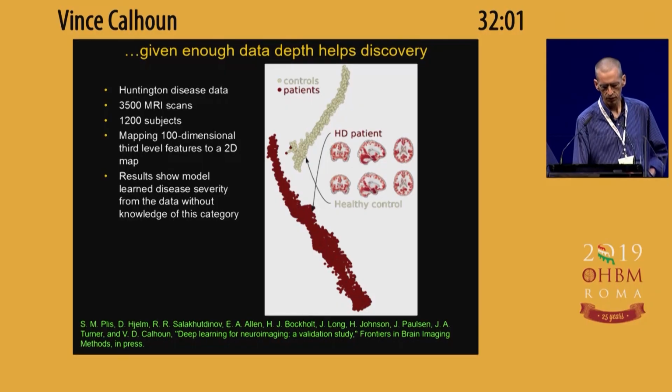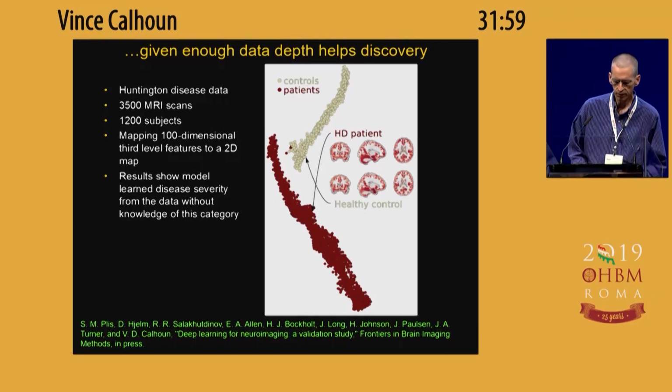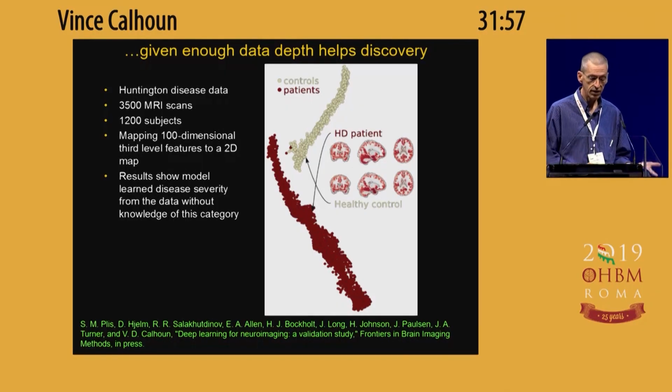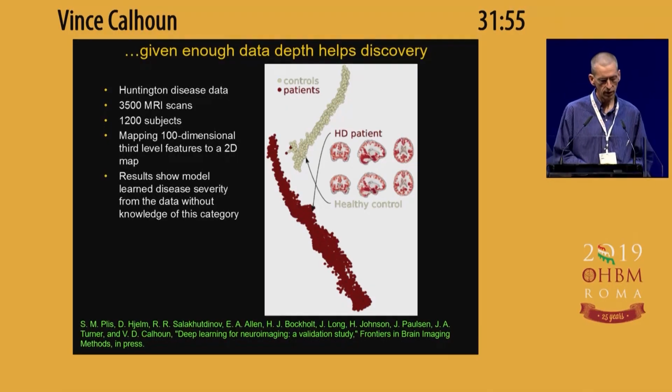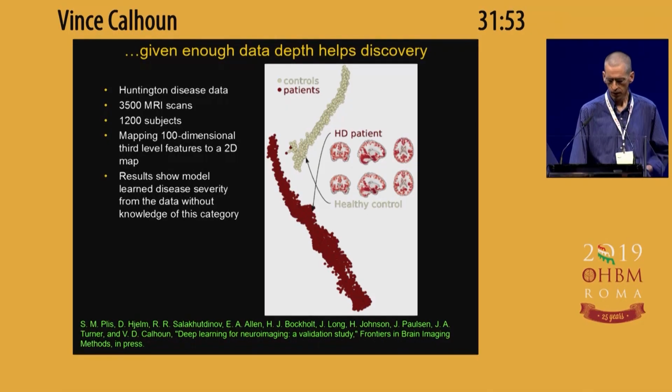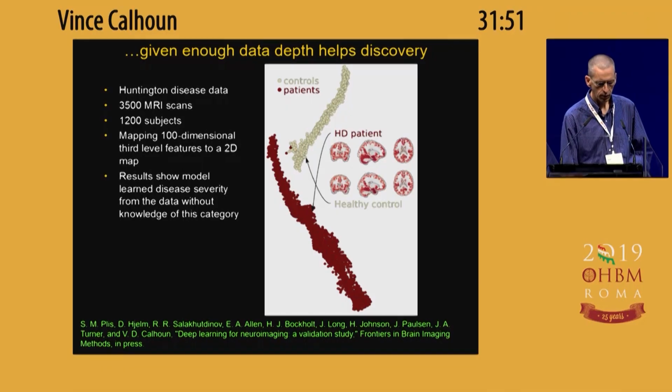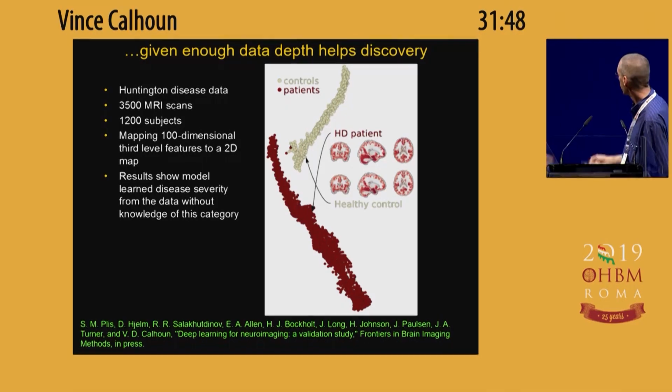Another thing that convinced us early on that this was useful is, we used it to classify Huntington's disease from healthy controls. So here we have about 3,500 scans, again, gray matter. What I've done here is plotted a scatter plot. This is t-distributed stochastic nonlinear embedding.